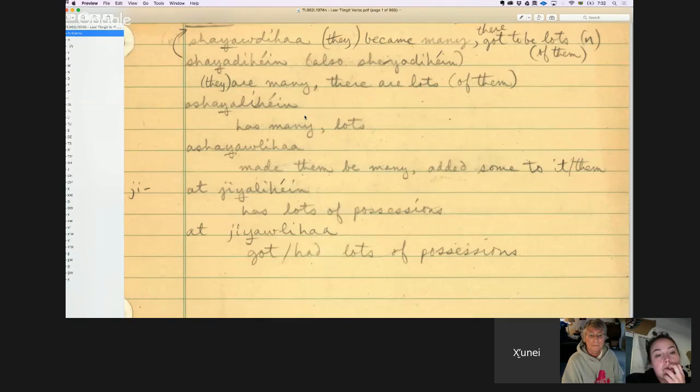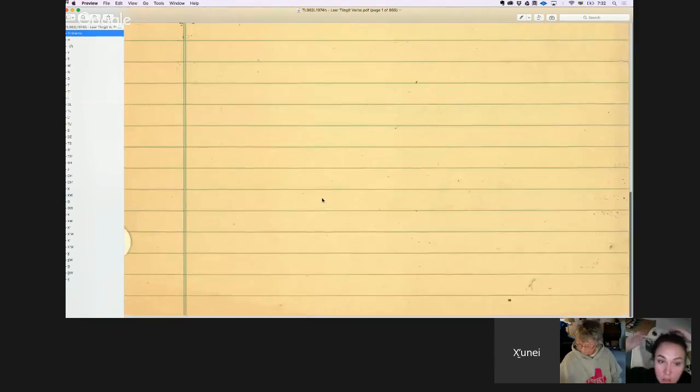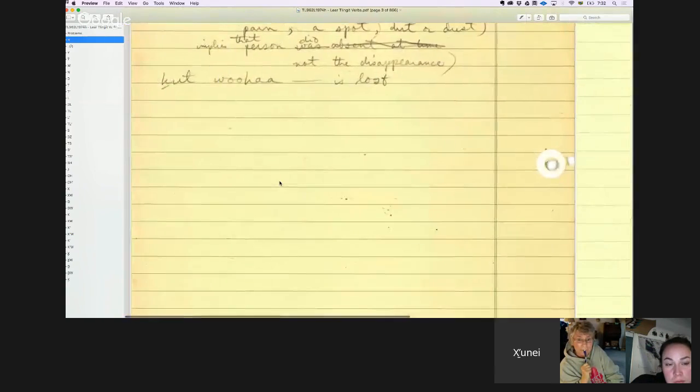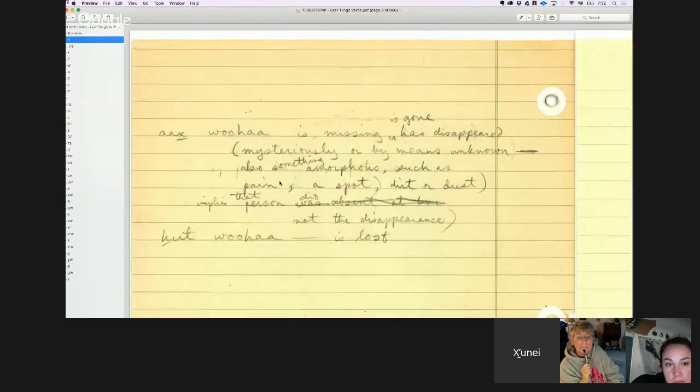Once you've got it typed out, I'll be able to go through and look at it. So, Atchigashahin: she has lots of possessions. If you just want to make a Word document, that's fine, and just do paragraphs.